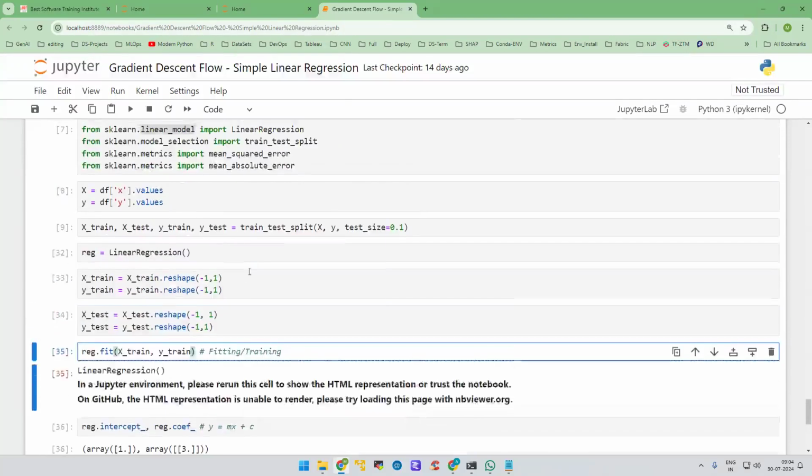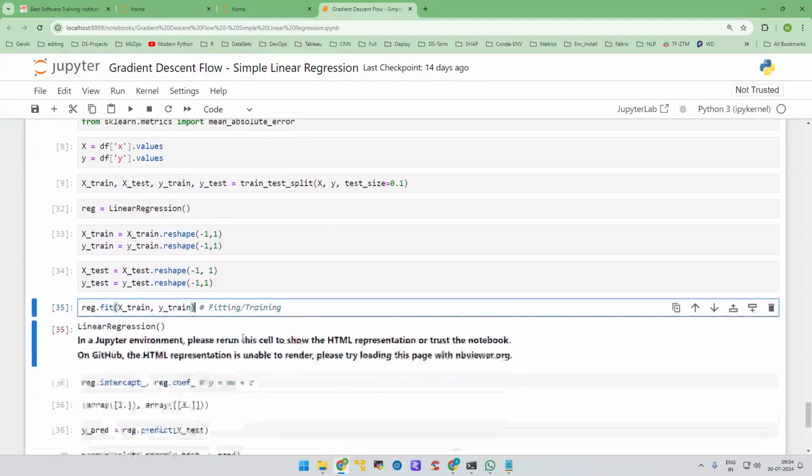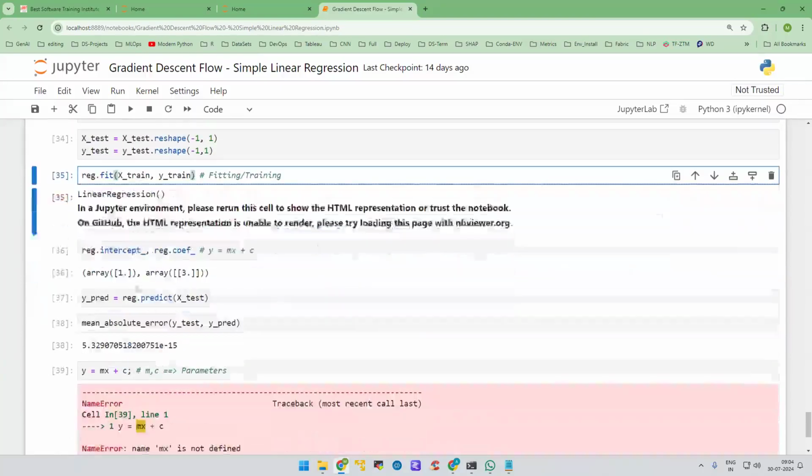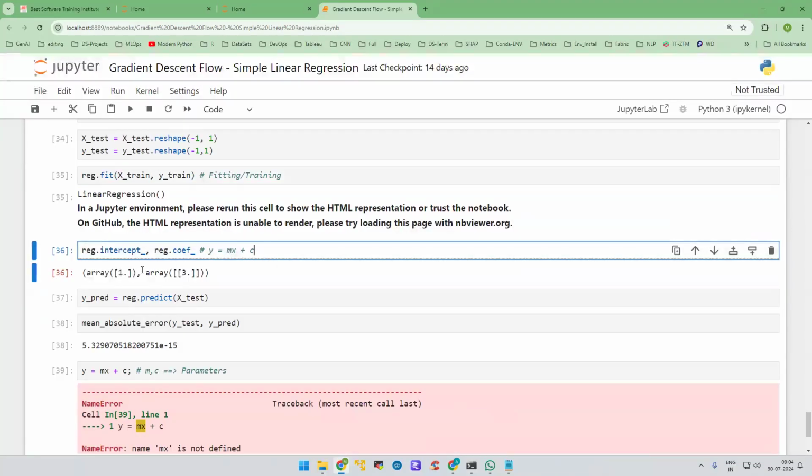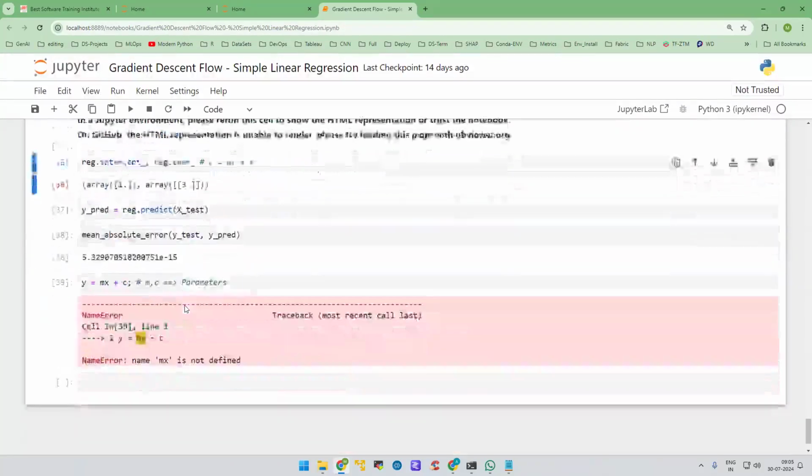This is only for a simple data set and only one algorithm. So these sort of things need to be done, but not in all the cases. Once we fit it, we get the parameters. Here in this case, the linear regression formula is y equal to mx plus c. And here, I think this is m and this is c, if I'm not wrong.